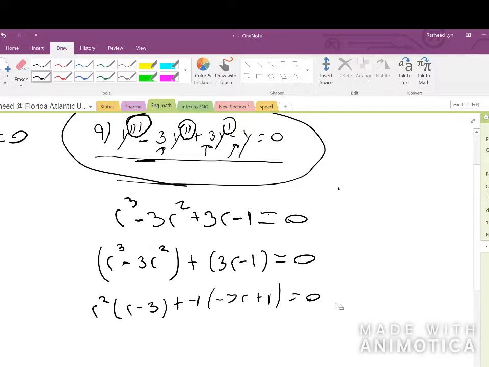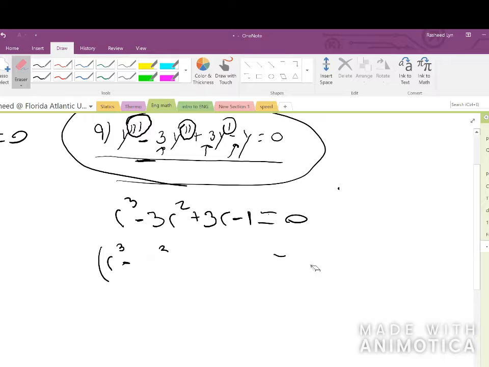So what you want to do is, when you get to this part and you see that you can't do any grouping at all and it's not going to work out for you, you want to plug in a value for these r's to make the equation equal 0. You want to make this statement true.